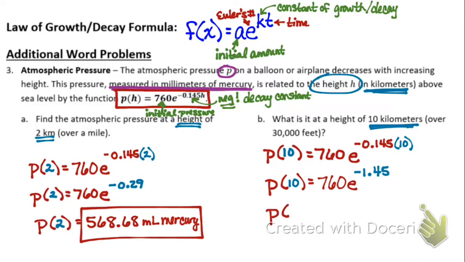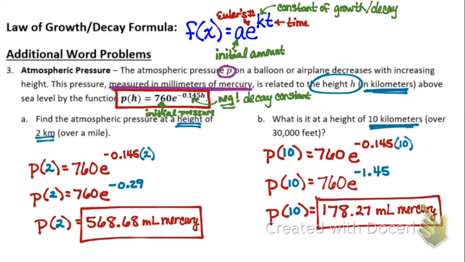And I get that the pressure at 10 kilometers is right about 178.27 milliliters of mercury. Please, please, please make sure you are including units on any kind of story problem.